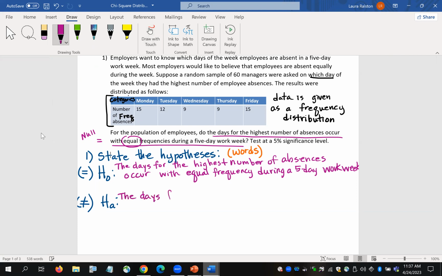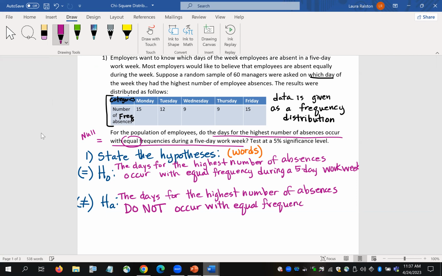The days for the highest number of absences do not occur with equal frequency during a 5-day work week.